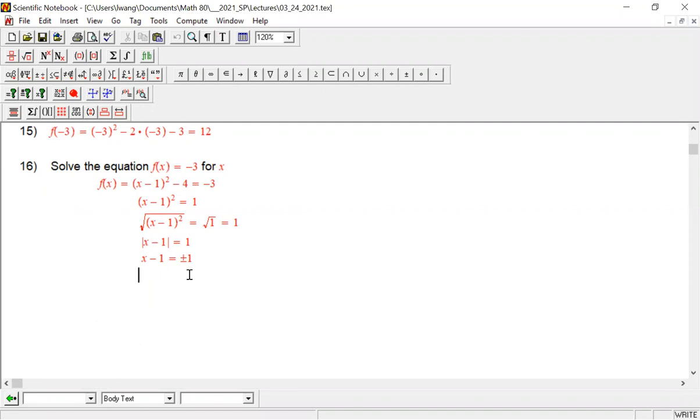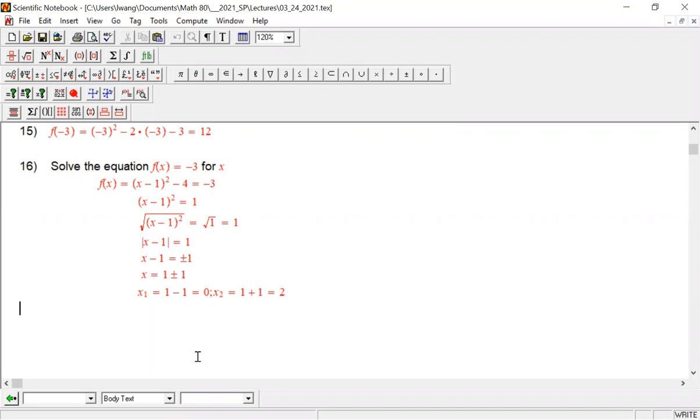And we get x equals to 1 + 1 - 1, right? So we're going to get 2 points. x sub 1 is 1 minus 1, that's a 0. x sub 2, we're going to get 1 plus 1, that's a 2. So we have 2 points of intersection.